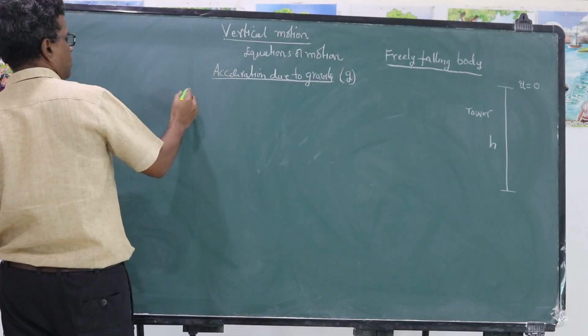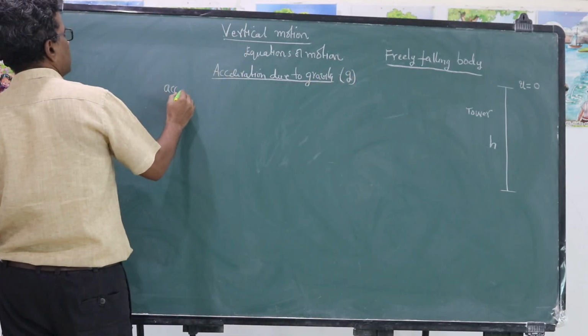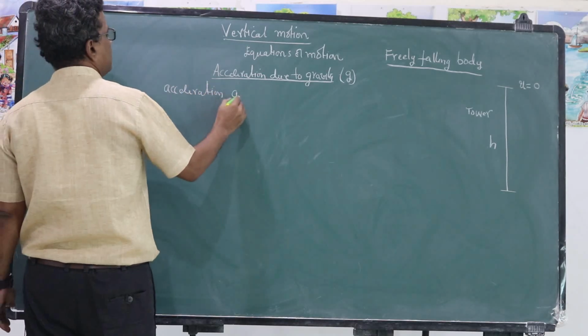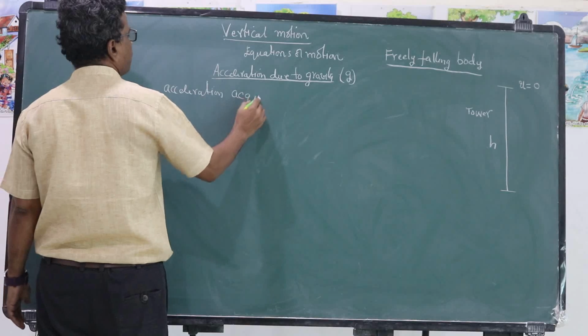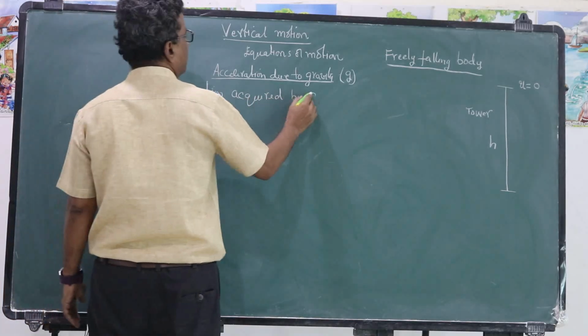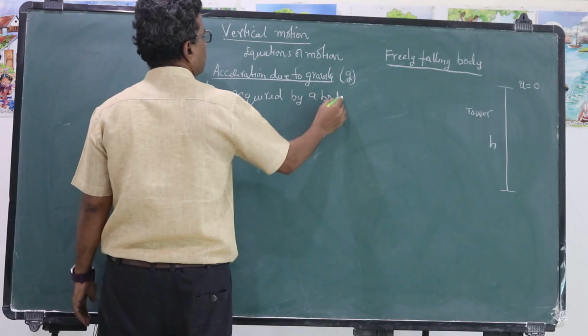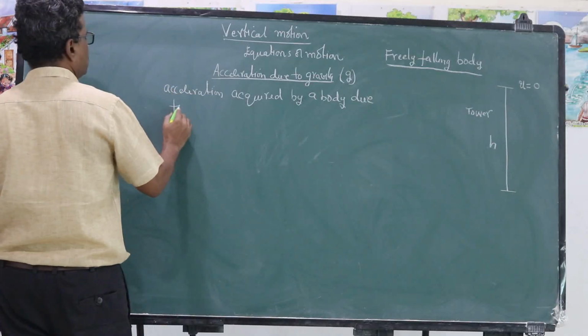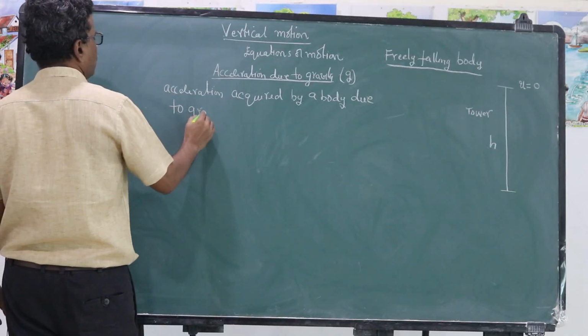Acceleration due to gravity is the acceleration acquired by a body due to gravitational pull.